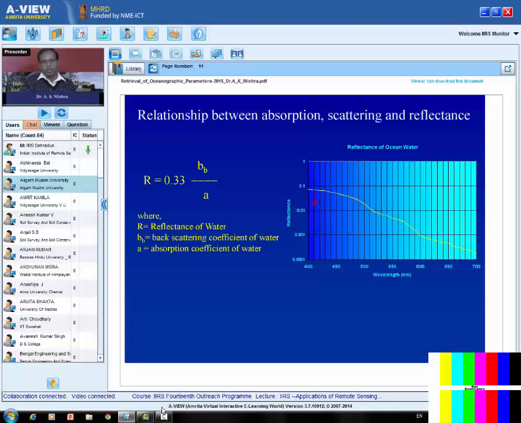For blue water, you will find a high reflection in the blue end of the spectrum, and gradually it will decrease. If other substances are present, they will absorb the blue wavelength region, such as phytoplankton, which I will be explaining later on. So the color of the water will change from blue to green.